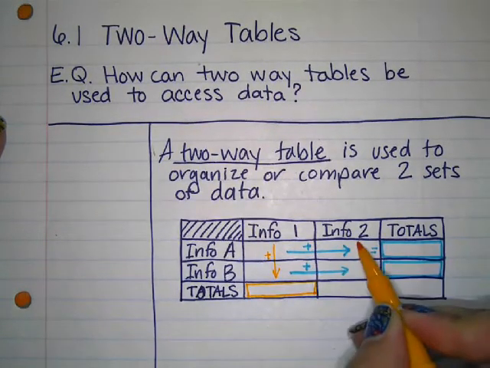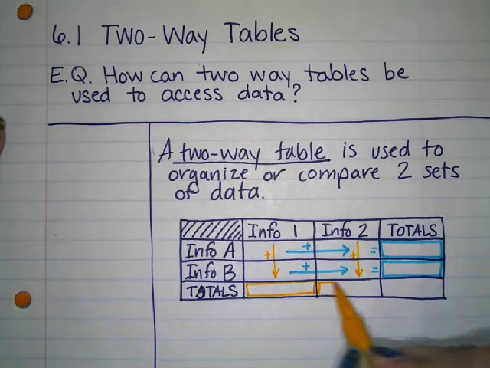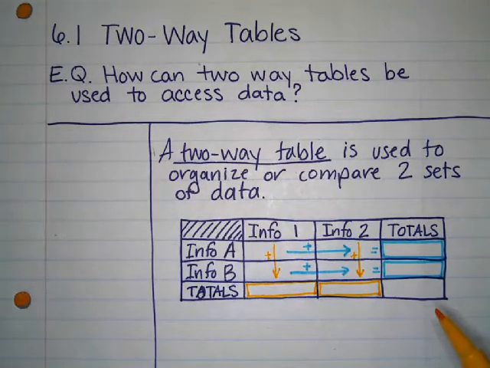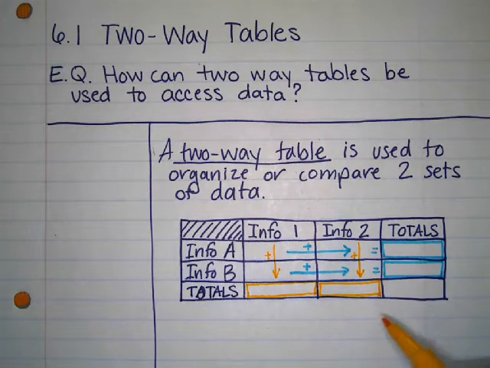Same thing with info 2. Going down the column, we can add these up, and it's going to be equal to the total in this bottom rectangle. So there's where you get your two-way table. It's going left to right, and it's also going top to bottom.